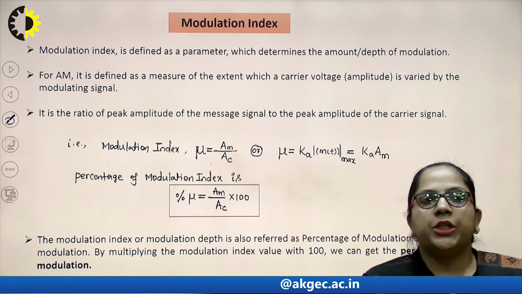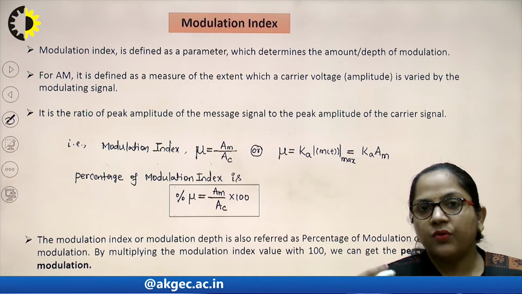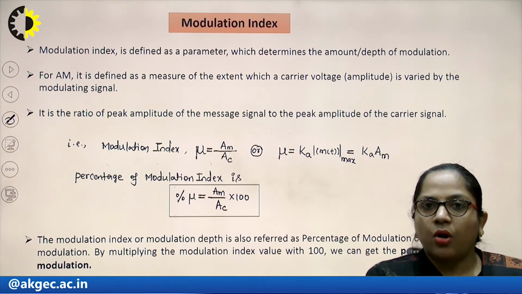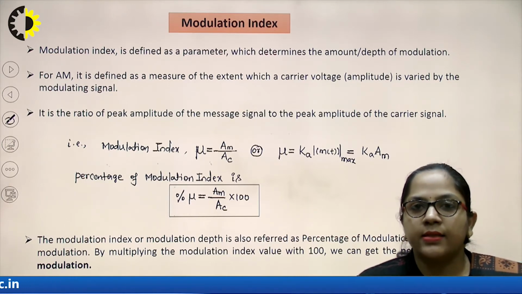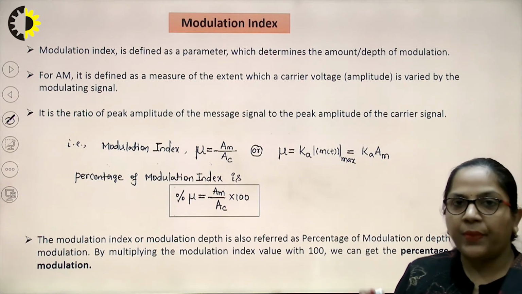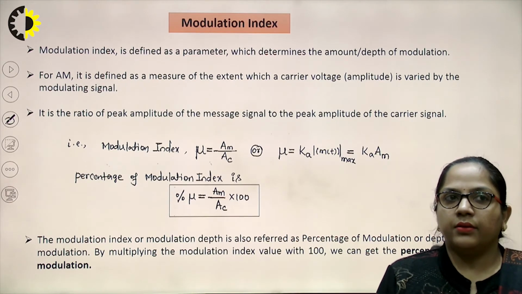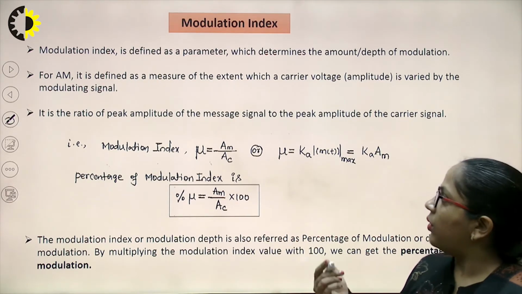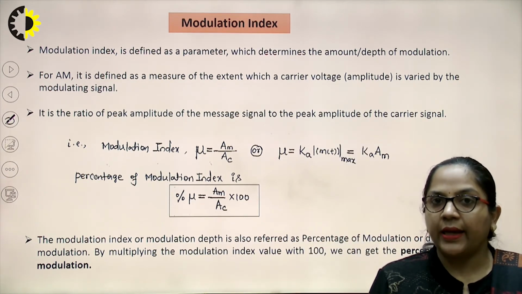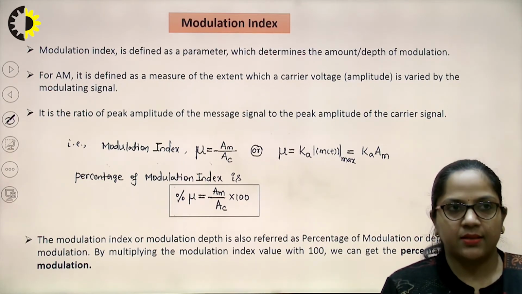For amplitude modulation, it can be defined as a measure of the extent to which the carrier amplitude can be changed according to the modulating signal, that is the message signal. So, what is modulation index? It is a parameter that is a measure of how much the amplitude of the carrier signal can be varied according to the instantaneous value of the message signal.